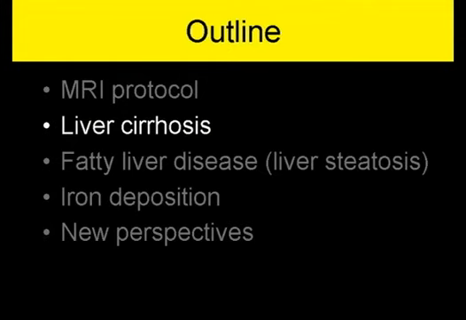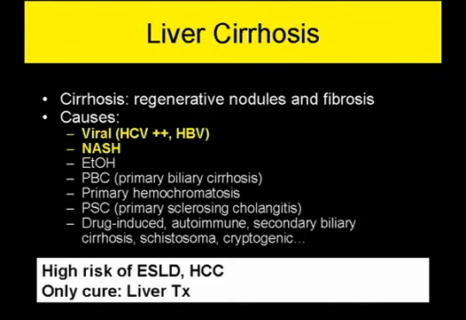So let's discuss the MR manifestations of liver cirrhosis. As you may know, liver cirrhosis is defined histologically by the association of advanced fibrosis and nodules, usually regenerative nodules, but you can have also dysplastic nodules and HCC. The most prominent causes recently in the US and Europe were viral hepatitis.